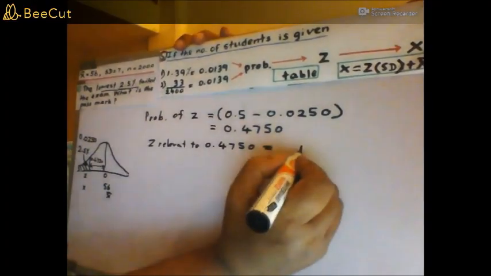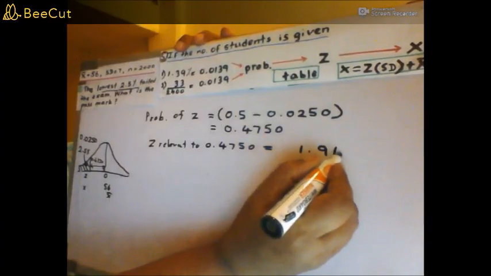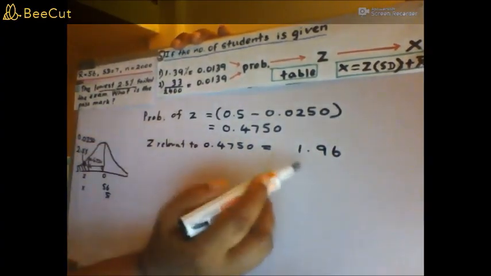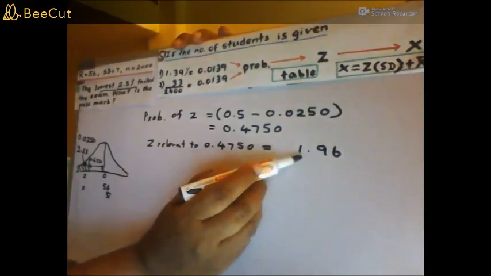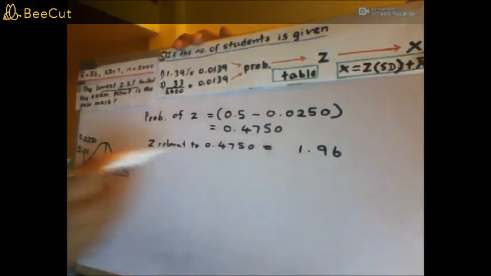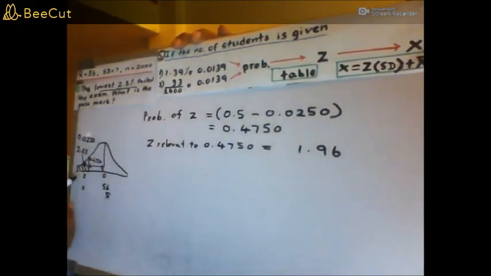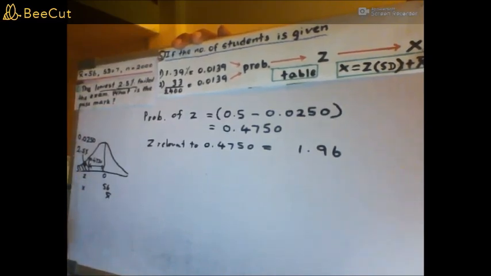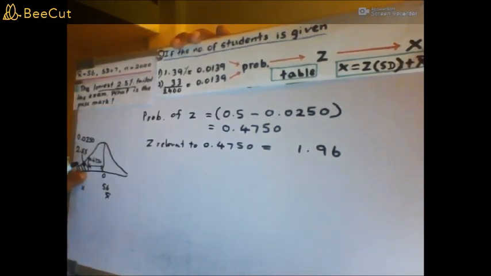It's 1.96. Now the most important thing, from the table it's given as 1.96. Now is that the correct Z value? No. Why? Here according to this curve, that should be a minus value, right? That's the important thing.